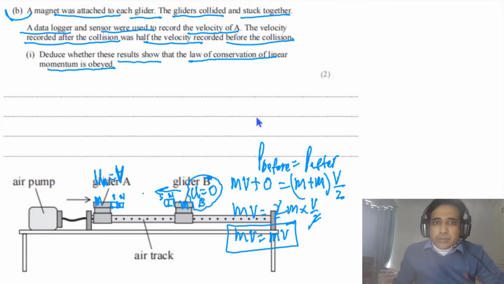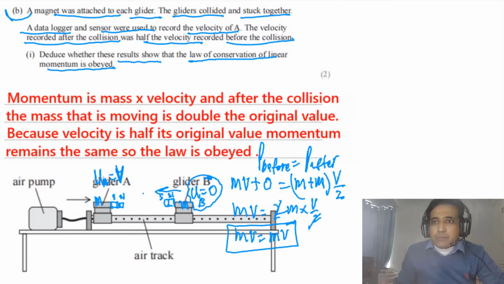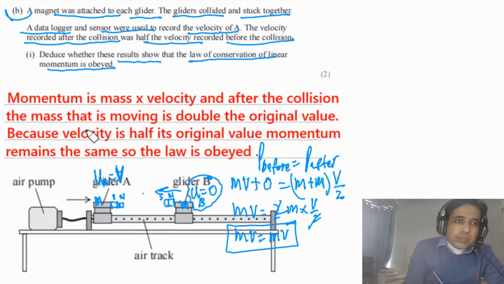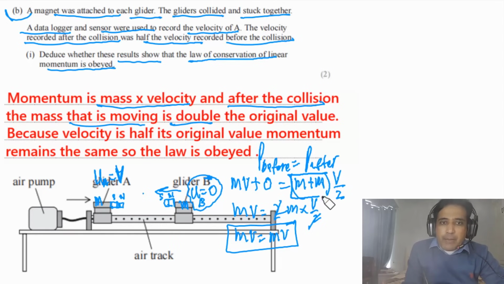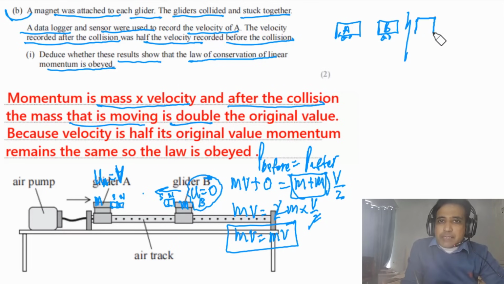For the answer of this question, you can write down these points. You can say momentum is mass times velocity, and after the collision the mass that is moving is double, meaning we have 2m. We can also sketch this one: you can simply imagine this one is A, and here we have B, and after the collision these two masses stick together.